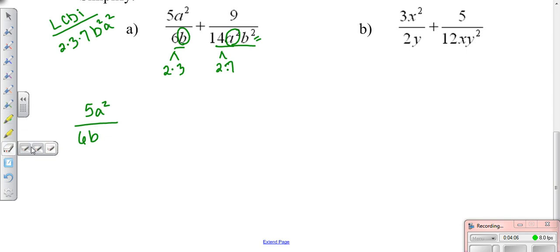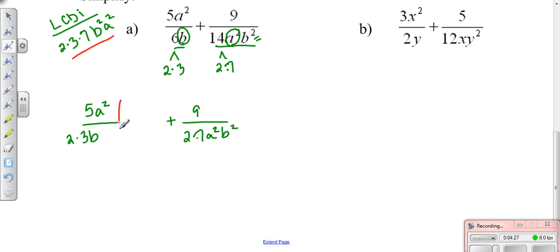And actually, let's rewrite this as 2 times 3 so we can see what we're doing, plus 9 over 2 times 7 times a squared b squared.